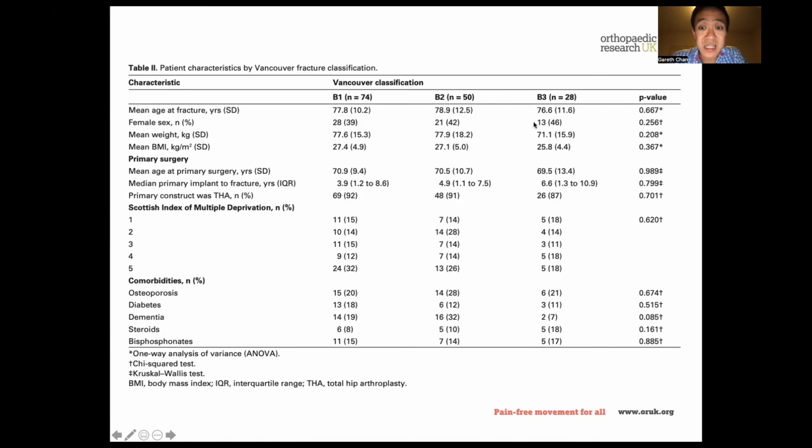So this is a study that's looking at differences in patient characteristics in a study looking at different types of periprosthetic fractures. And we can see the asterisk, the cross here is for a chi-squared test, which is for categorical data, so that's nominal data. And this is if someone has osteoporosis, dementia, diabetes, this is all categorical testing.